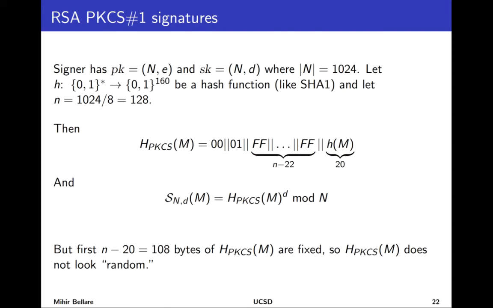Now, as our understanding of signatures grew, we started to observe facts like this. This certainly creates something that you can implement, since this is a point in Zn star. But it has a lot of fixed bytes. Everything except 20 bytes is always the same. And that means that this hash function output doesn't look random.